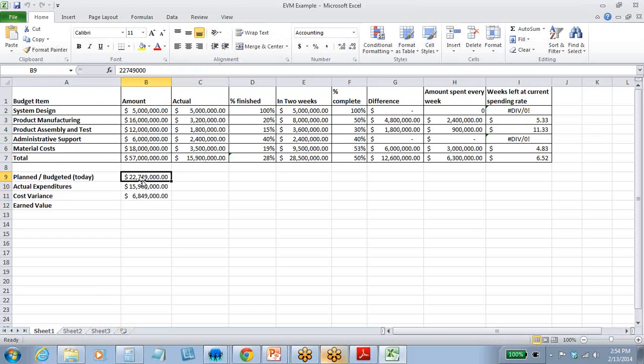This was given from the handout, which said that you had 22.749 million, and then there was another value which said that you were actually at 27 million, if I'm right.